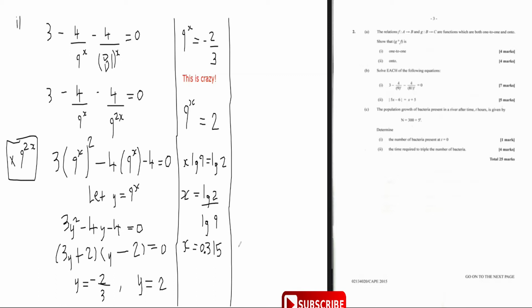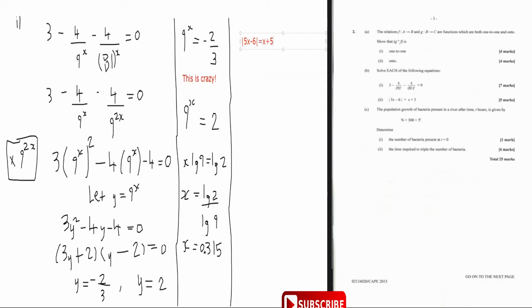The second part of the question says that we are supposed to solve the modulus of 5x minus 6 equal to x plus 5. So let's go ahead and do that. There are two ways you can do this question.